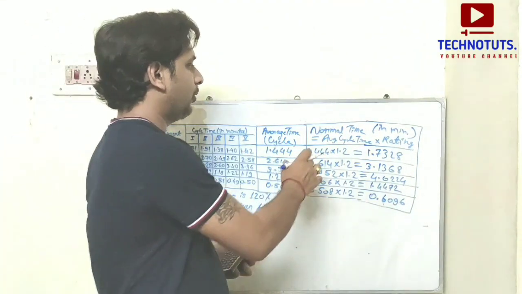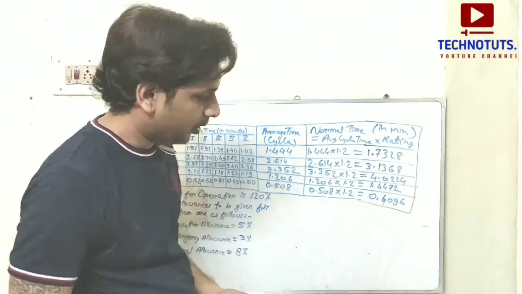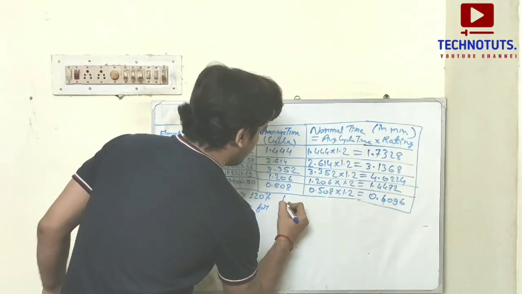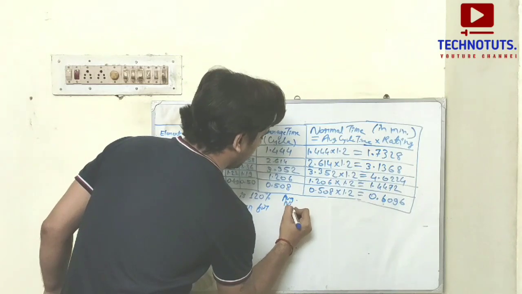Now we have to calculate average normal time. So let us calculate the average of all these values.